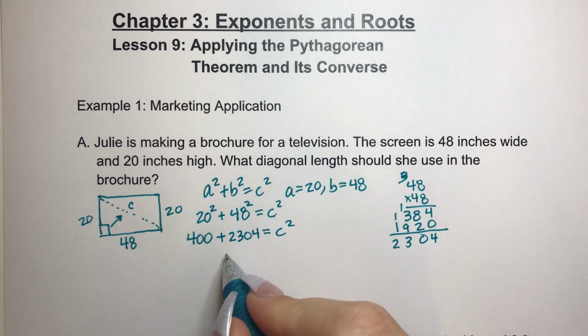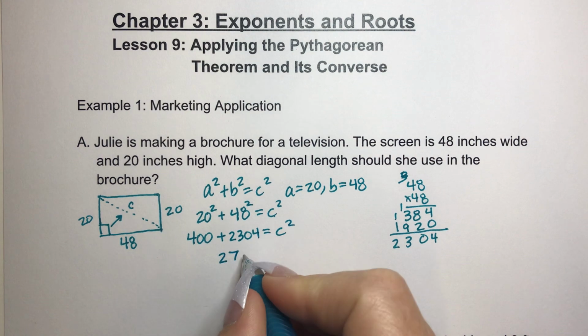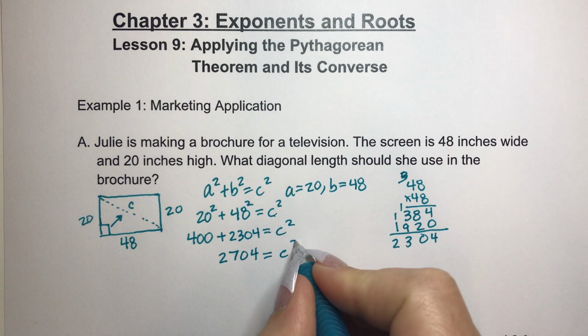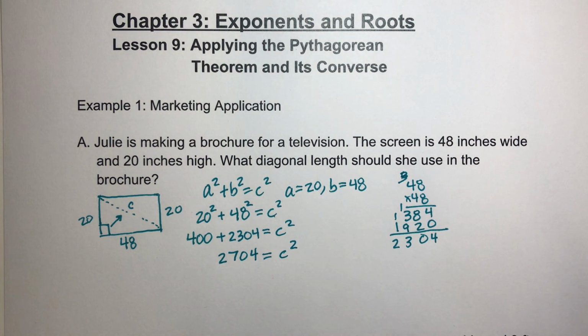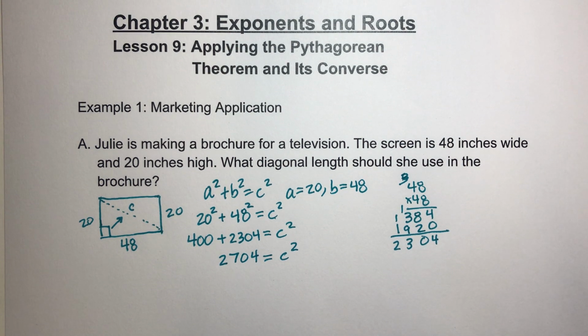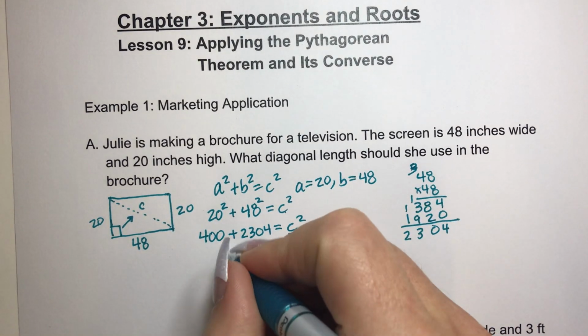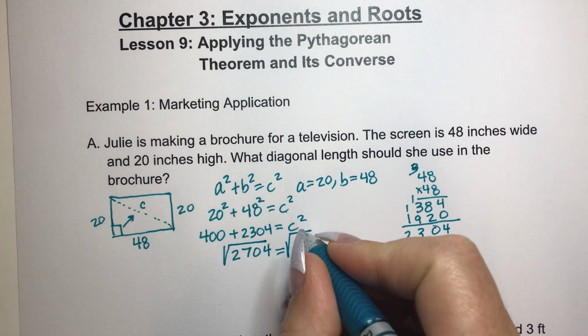Then we just have to add those two together. We get 2,704 equals c squared. We're trying to determine what c is, so what do we have to do? We have to take the square root, the inverse operation, of c. We're going to do that to both sides. That square root and that square cancel each other out.